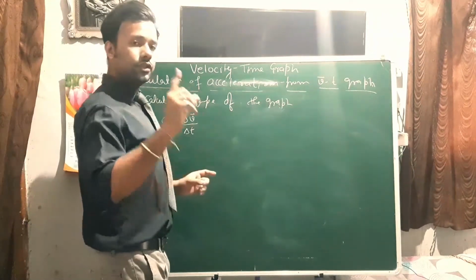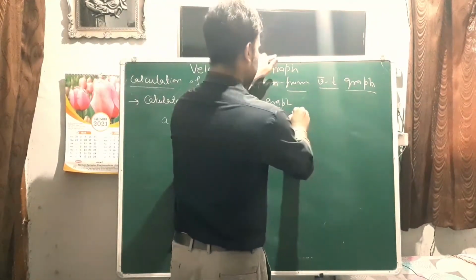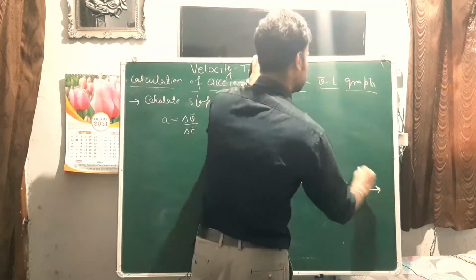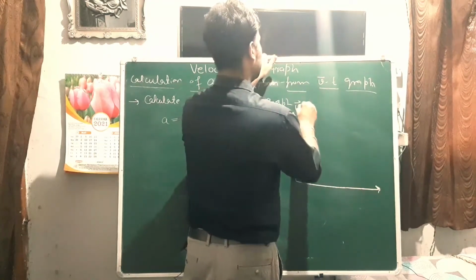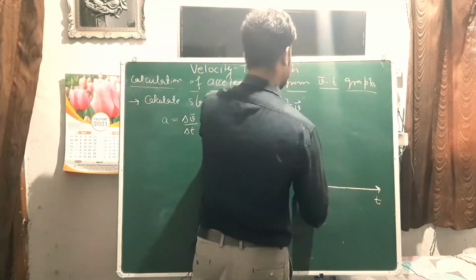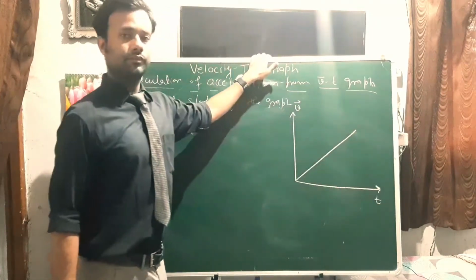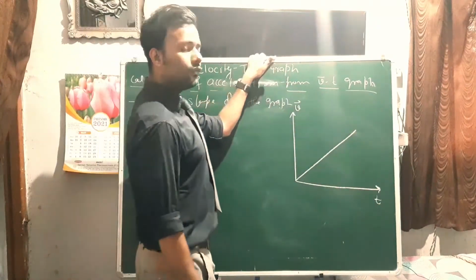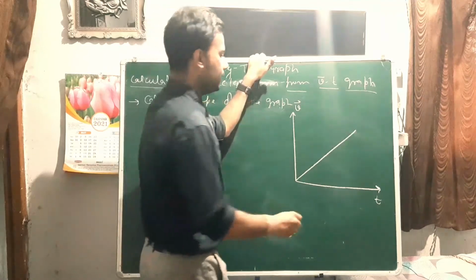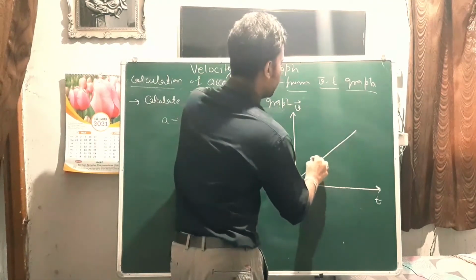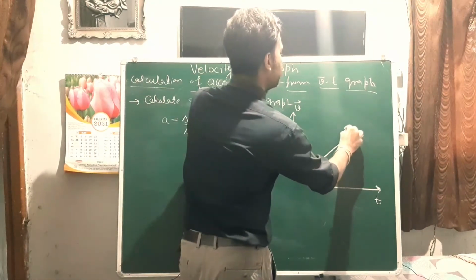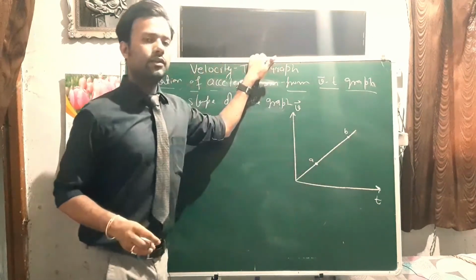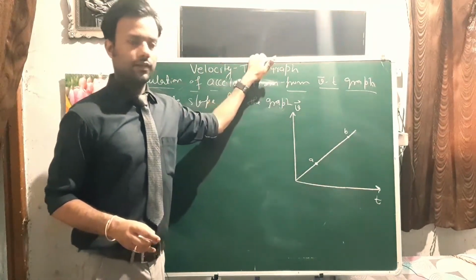Okay, now just look at the graph here. Suppose this is the graph, and we have to find the slope between point A and B. So this is the point A and this is the point B. To find the slope we must have the coordinates of x and y.